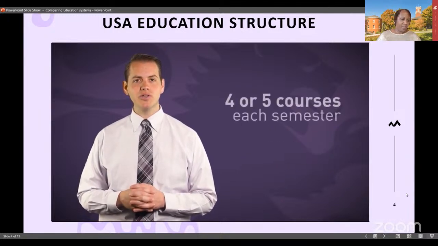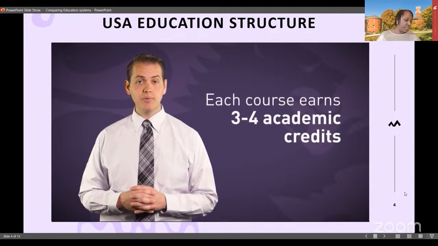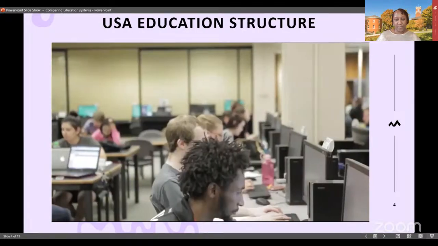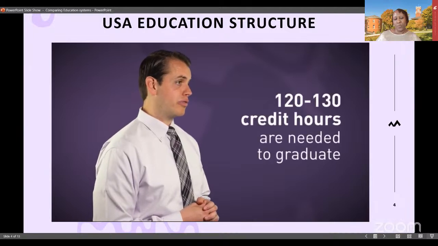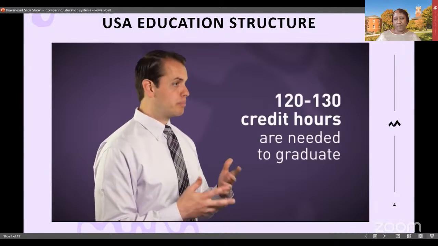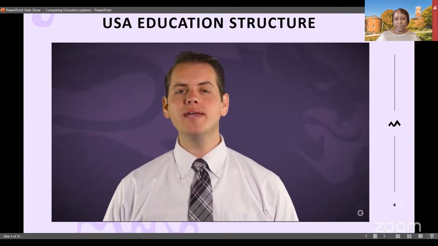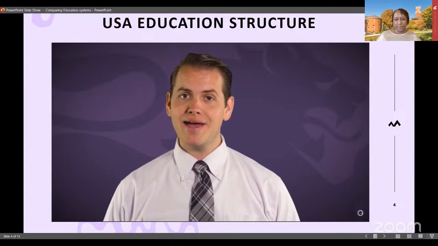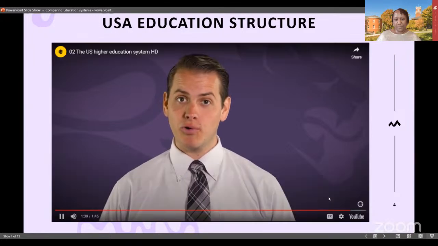Each semester, you'll study 4 or 5 courses, and each course you study will earn academic credits. There are usually 3 to 4 credits per course, and you'll be expected to complete 120 to 130 credit hours in order to complete an undergraduate degree. At On Campus, we can help you to navigate the complex university admissions process and give you the tools you need to succeed in your degree program.